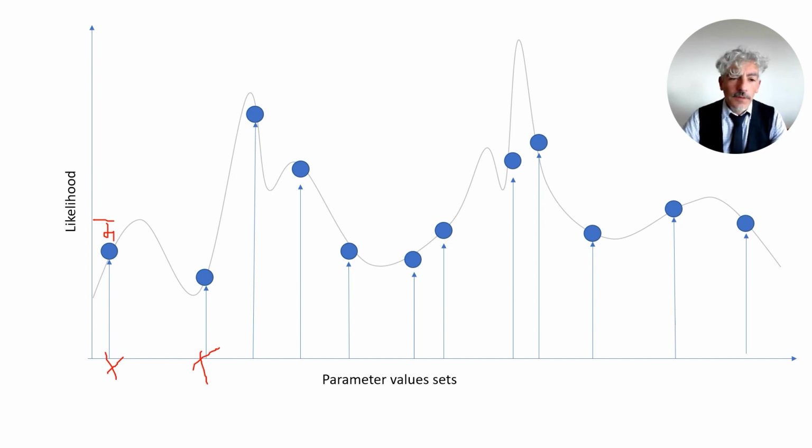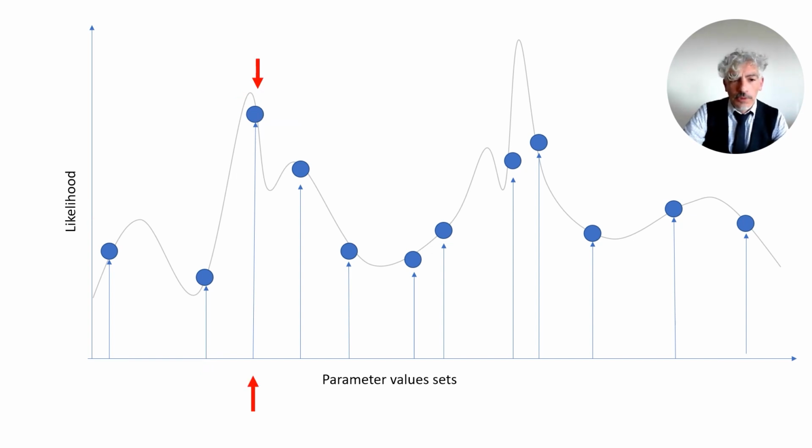So the algorithm continues to draw values of the parameters until any new draw does not exceed the highest likelihood we have already identified, which here will be this one. So when the algorithm finds that any new draws of parameter values do not correspond to a higher value of the likelihood compared to the one we have estimated here, the algorithm will stop.